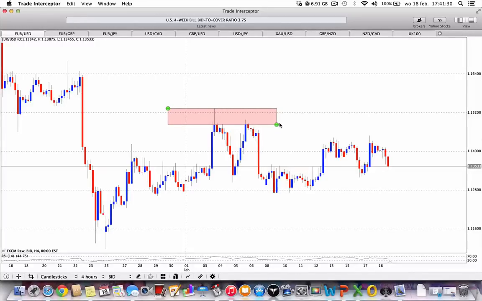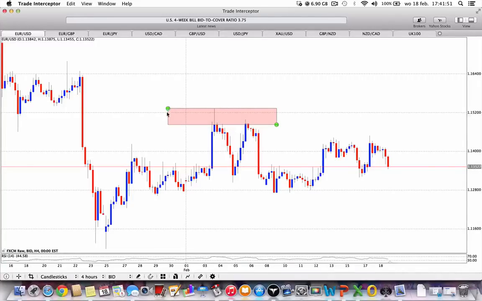So to spot these support and resistance zones, you can search for candles that have big tails, and then you can do this. You need to practice a little bit finding zones that have resistance or support.